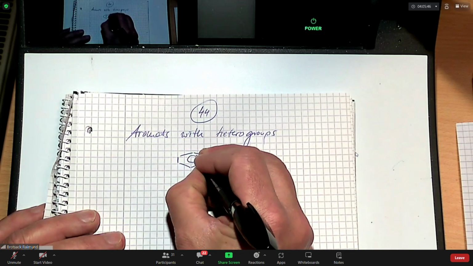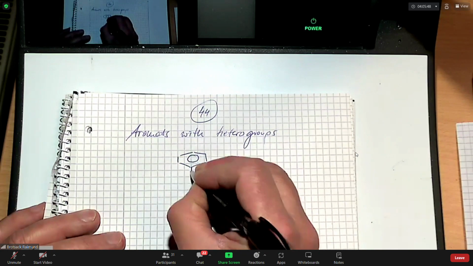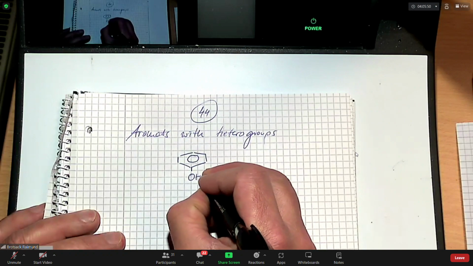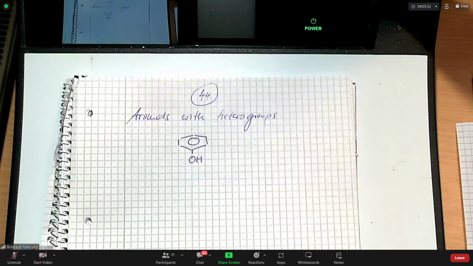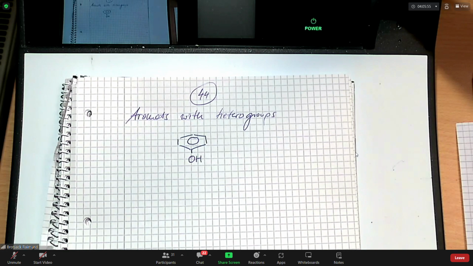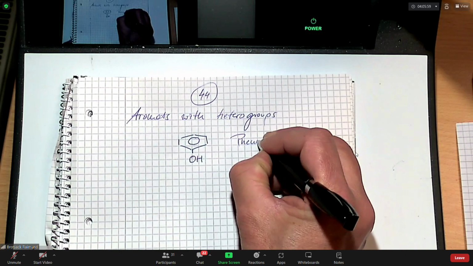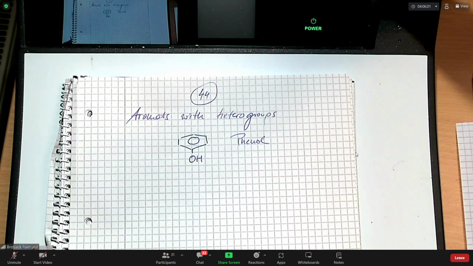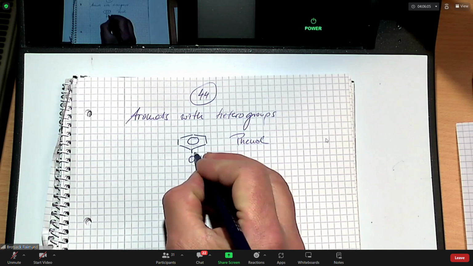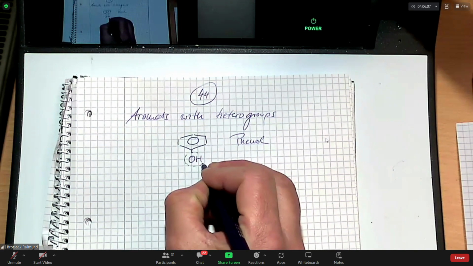Here we have the benzene, but now instead of a hydrogen, we have an alcohol, OH. The name of this is phenol. That's the functional group here. And this is an alcohol group.